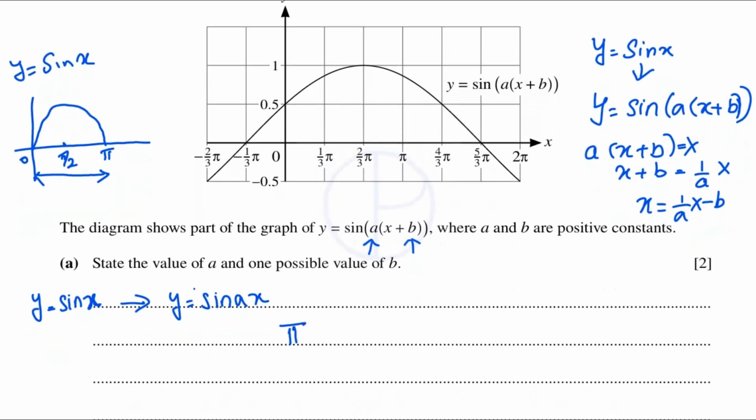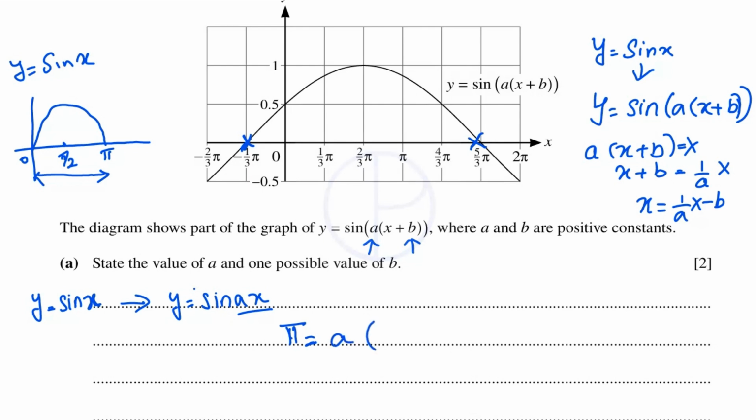So here this is equal to ax. So let's find out the x value here. It is from here to here.